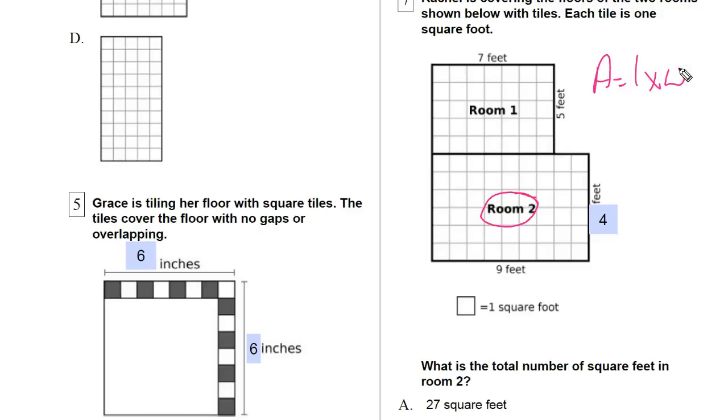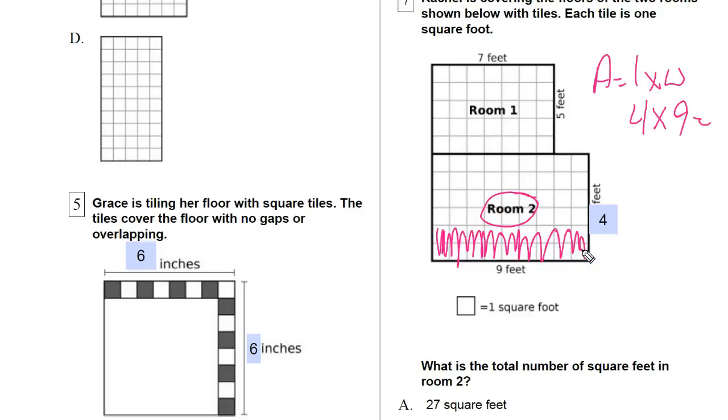I can go 4 times 9, or I can just count all the squares. If you don't know what 4 times 9 is, but what's 4 times 9? Okay, 1, 2, 3, 4, 5, 6. Actually, I think in yours they erased this part right here.